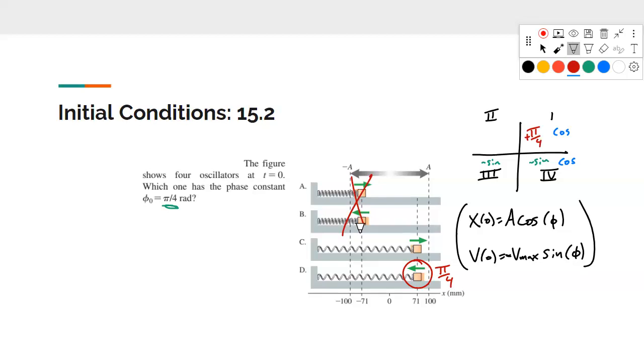So it's a way to check yourself. Are there any questions about this method of using the quadrants to think about the plus and minus sign of position and of velocity? Okay, very good, very good.